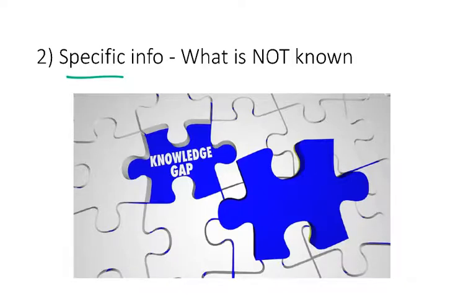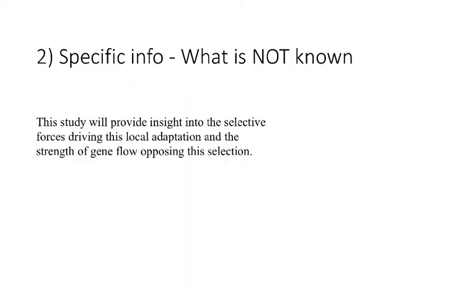So we've talked about this with our proposals. When you're thinking about a knowledge gap, you're talking about how your work is going to fill this void to give us new information. And so in your introduction of your poster, you can do the same thing, give this explicit statement about what is not known and how your work will help to fill that.